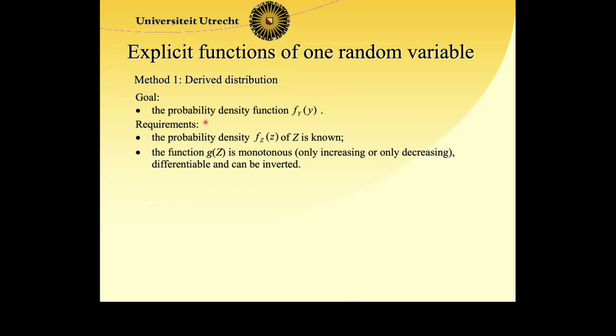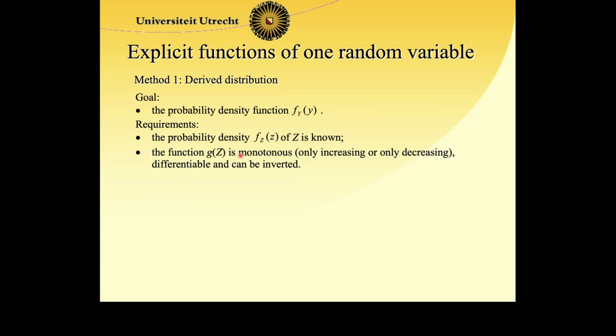And if we know the complete probability density function of z, that's known, then under certain circumstances we can actually derive directly what the probability density function of y is. And that can only happen if the function is monotonous. It means it only increases or only decreases.